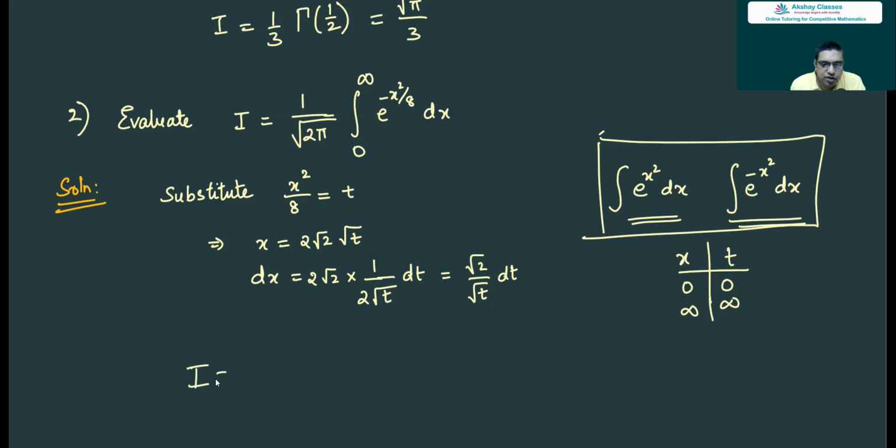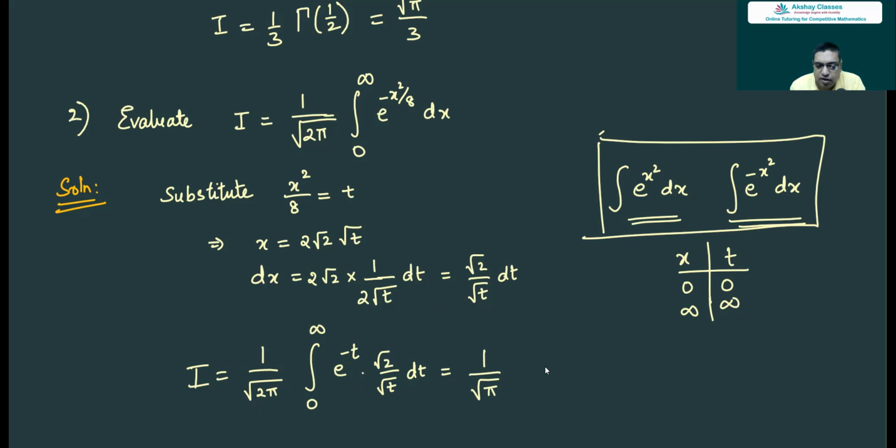So this integral will be 1 upon under root 2 pi, integral 0 to infinity, e power minus t into dx, which is root 2 upon root t dt. When I bring this root 2 outside the integral, it cancels with the under root 2 in the denominator.